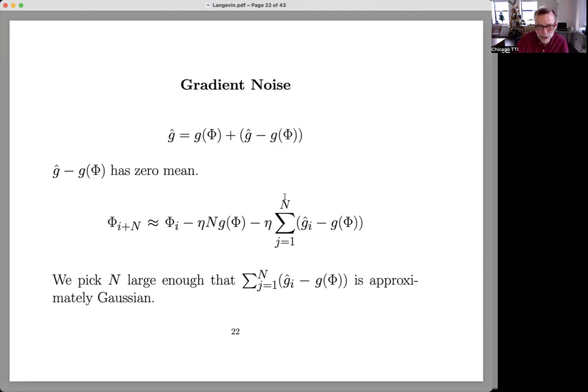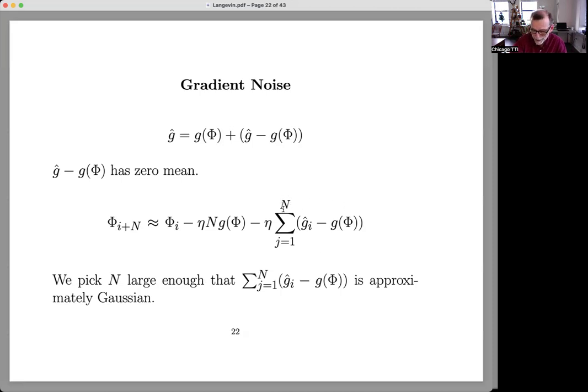Now, if n is large enough, this becomes Gaussian by the central limit theorem. Even in high dimension, if you add together enough random values with the same covariance matrix, the sum becomes distributed like a Gaussian. So this is going to act like Gaussian noise. So this term is going to be approximately Gaussian if n is large enough.